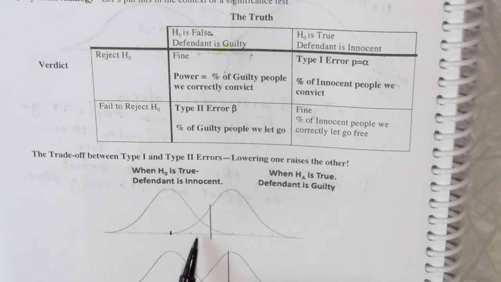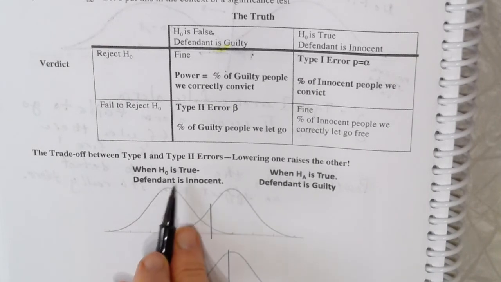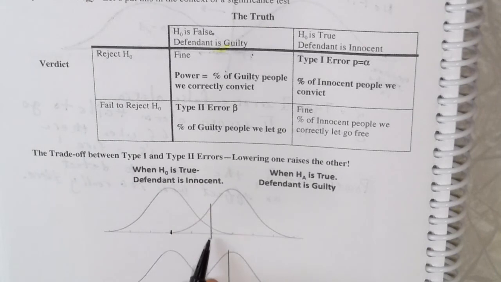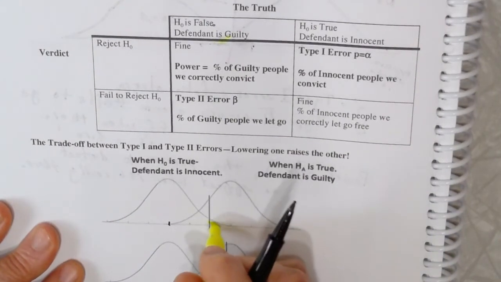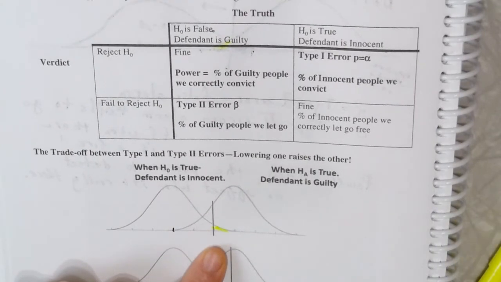They happen to be in the wrong place at the wrong time, or they look like somebody else, and there's eyewitness testimony that they did it, etc. But at some point we decide, even when the null is true, when the defendant's innocent, that it's beyond a reasonable doubt. And that little bit of a reasonable doubt right here is the type 1 error.